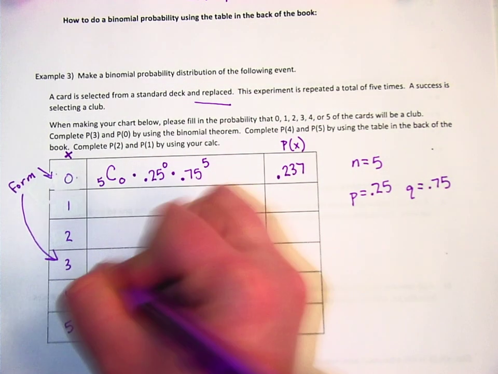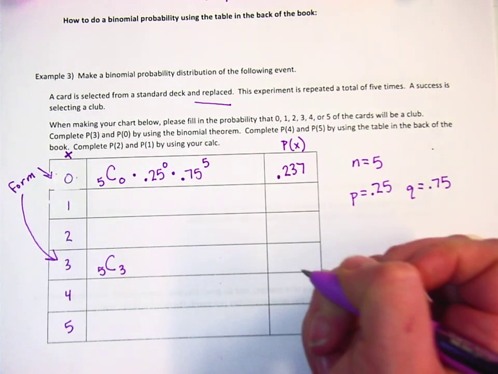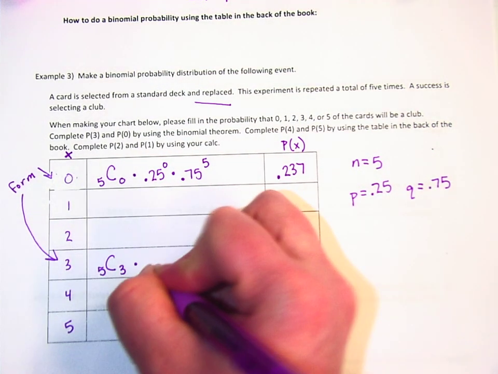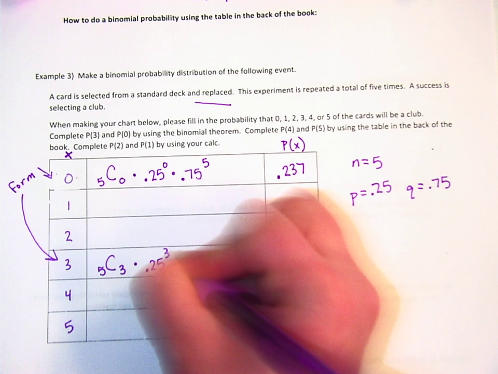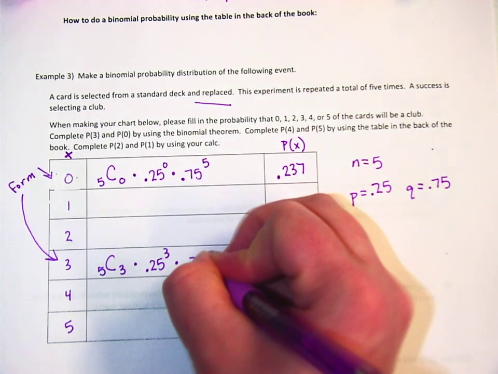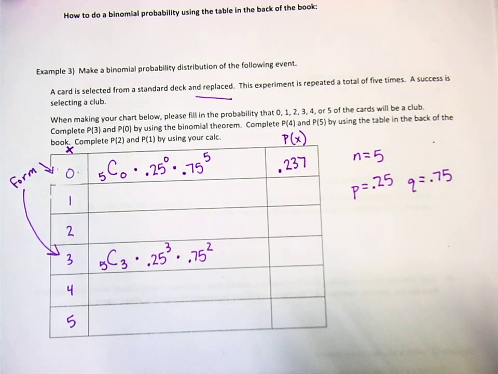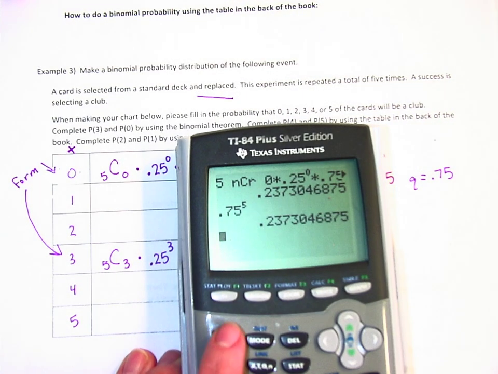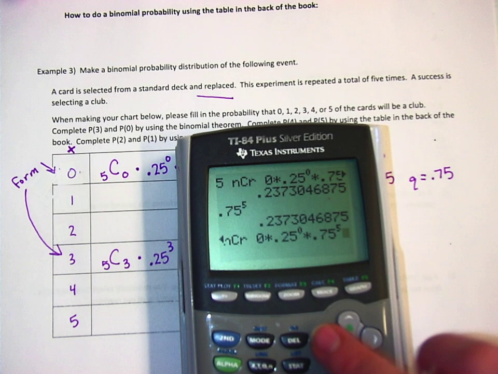Okay, then we're going to try the formula on this one. This one is 5 trials. We're assuming you get 3 clubs. That is 0.25 to the power of 3, 3 successes. And if I have 3 successes out of 5, that is 2 failures. I'm just going to hit second enter, and it's going to pull up the exact same formula again.